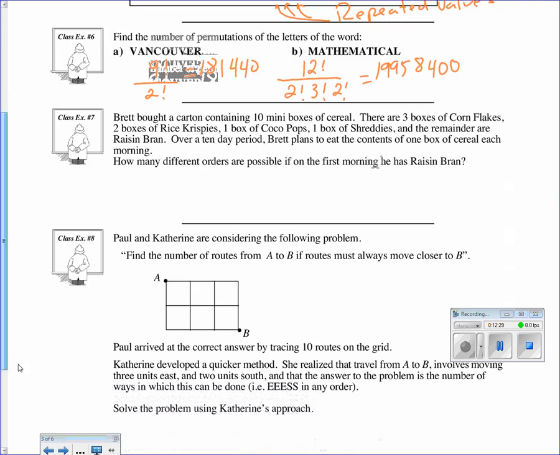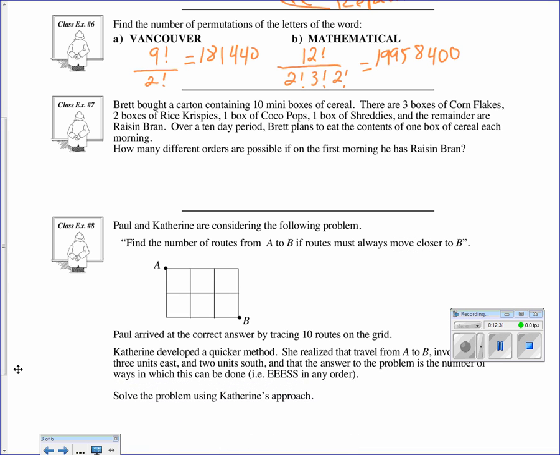Now we have a kid who bought one of those mini collections of cereal from Costco, and he actually ate one already. He ate the Raisin Bran. So right now his 10 boxes of cereal has been reduced to 9. We got to be careful. So we've got 9 different choices on the top. And then we've got to figure out his repeated cereal options. There's 2 boxes of Rice Krispies, 3 boxes of Corn Flakes, which he hasn't eaten yet.